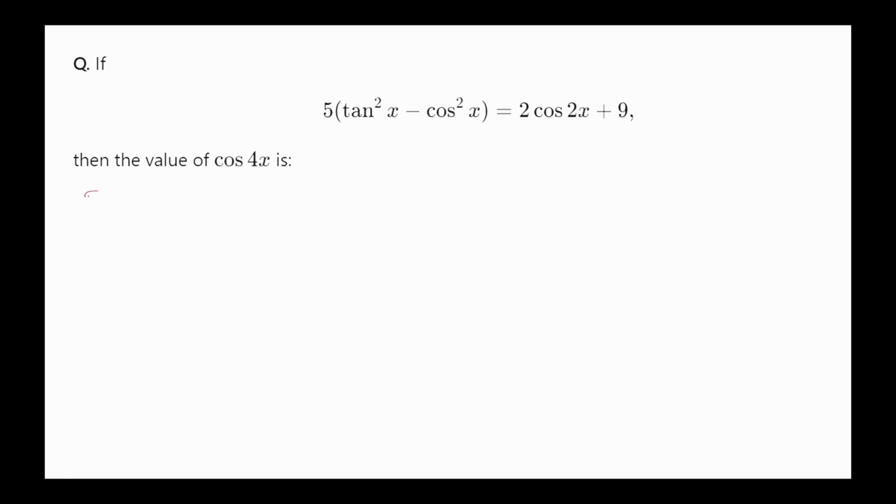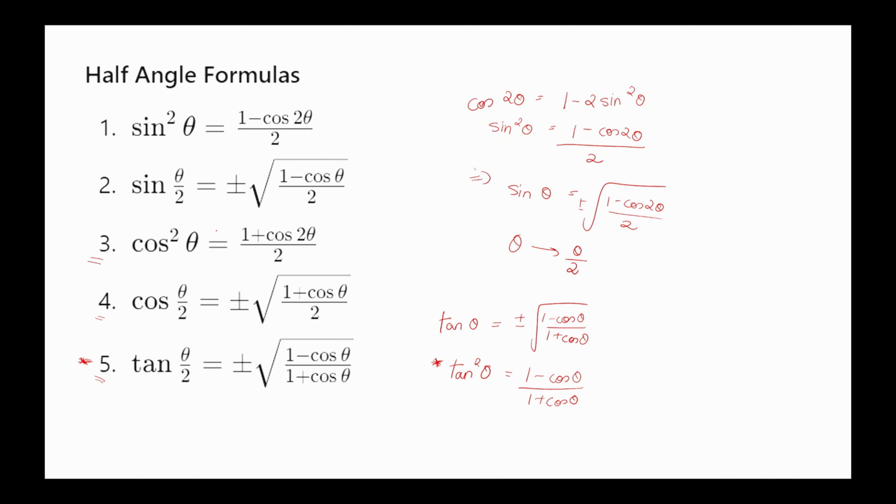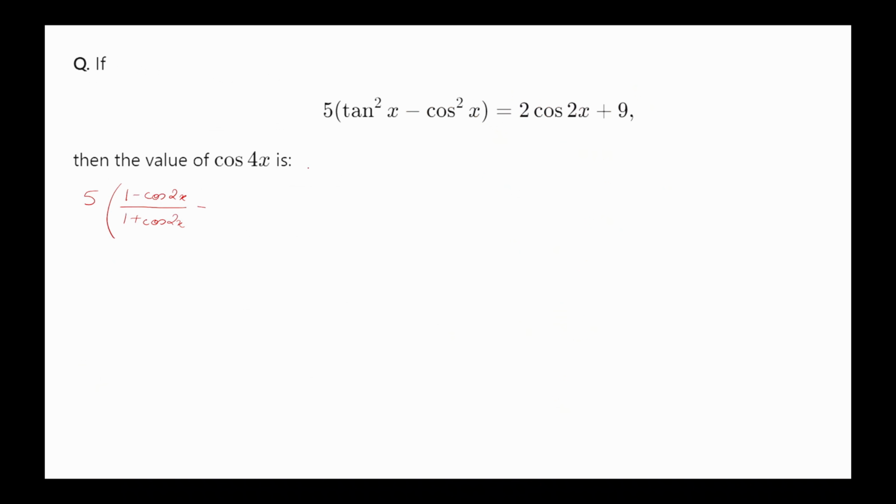So I'll write it down as tan square x. As we studied here, tan square x can be written as 1 minus cos 2x upon 1 plus cos 2x, minus cos square x. Now cos square theta can be written as 1 plus cos 2theta by 2. So this would become 1 plus cos 2x by 2, and I'll let this cos 2x be as it is.